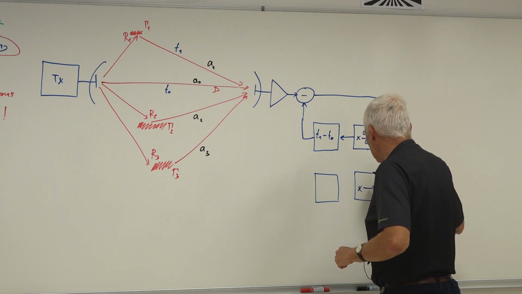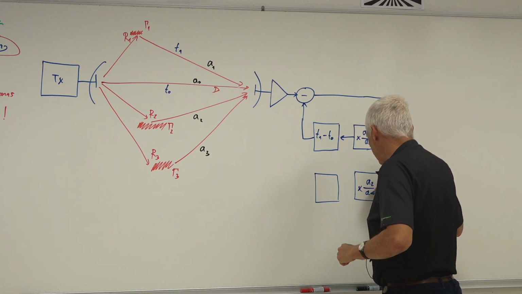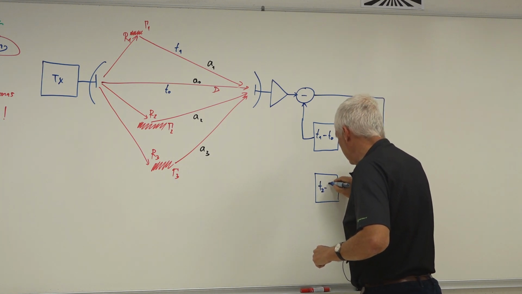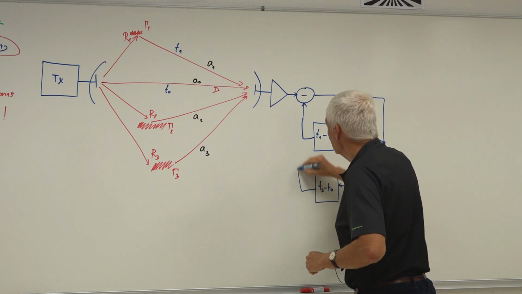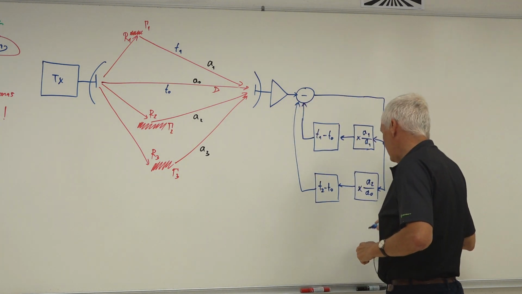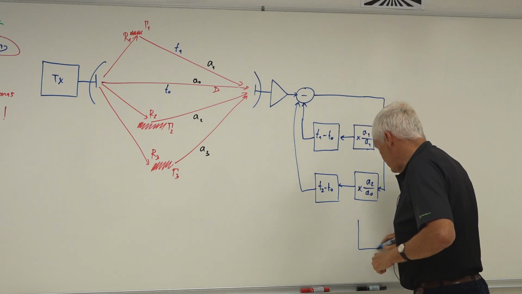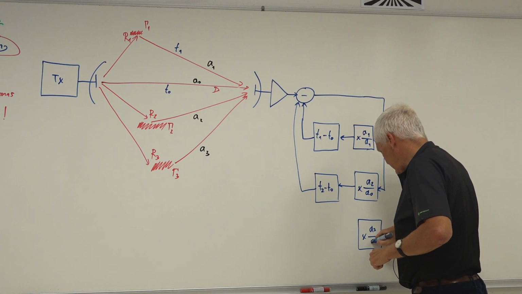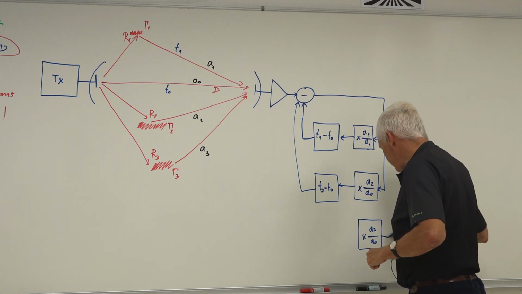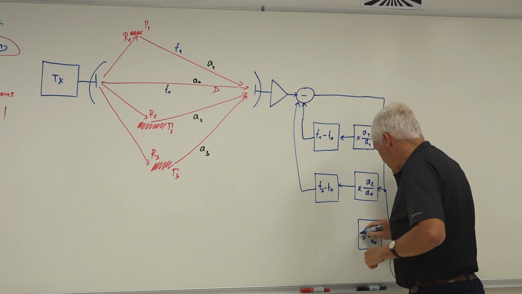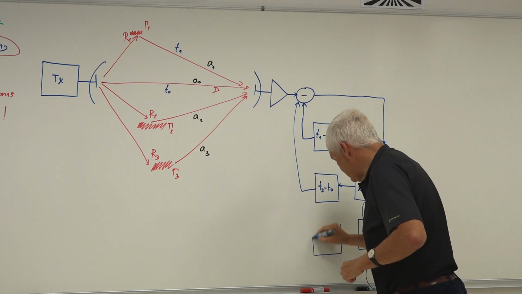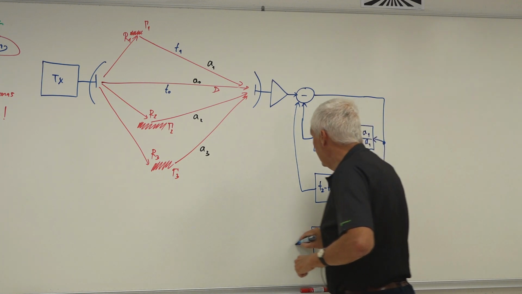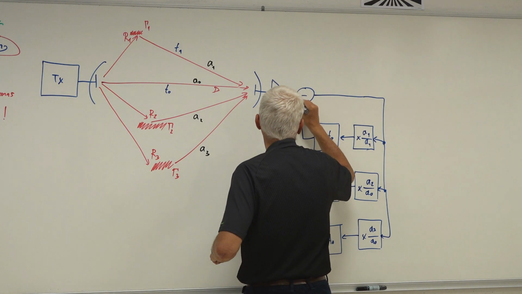I have times A2 over A0, a delay of T2 minus T0, and I also subtract this one from the sum. And I correct for the third signal. Again, I multiply it by A3 over A0. I delay this same signal by T3 minus T0. And I subtract this signal from here.